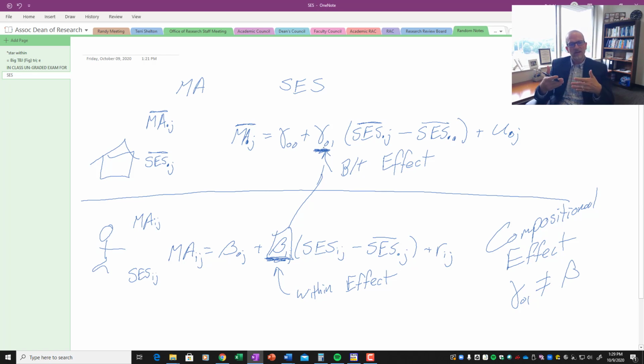It shouldn't matter the level. If, on the other hand, socioeconomic status as an average is serving as a proxy for something else, then that effect may change. In this example, I like to think of socioeconomic status for the student as what's at home.